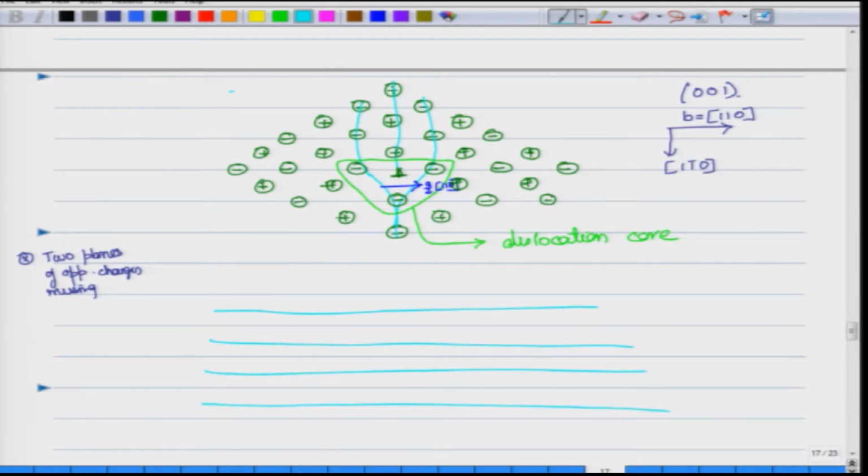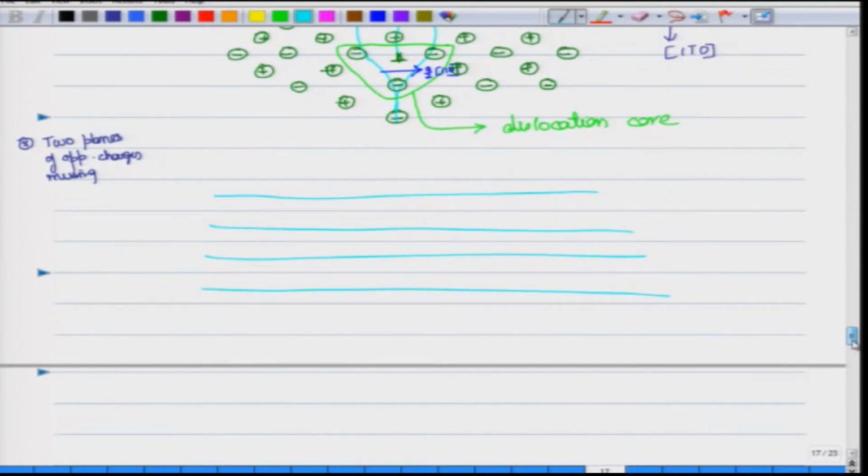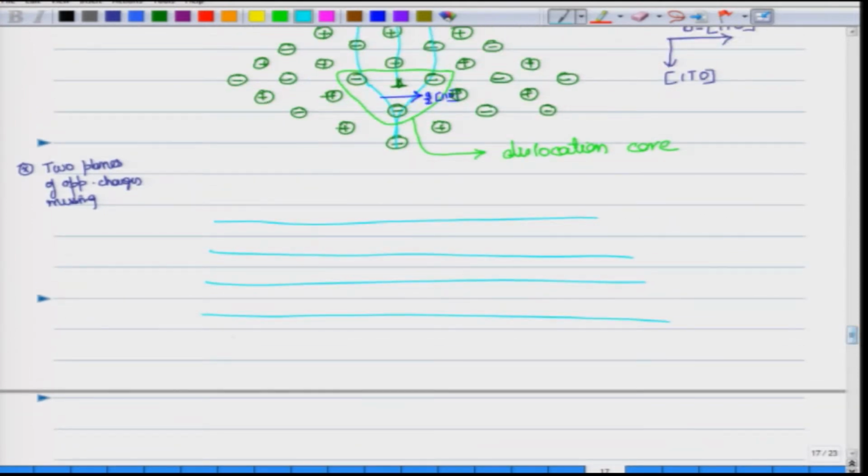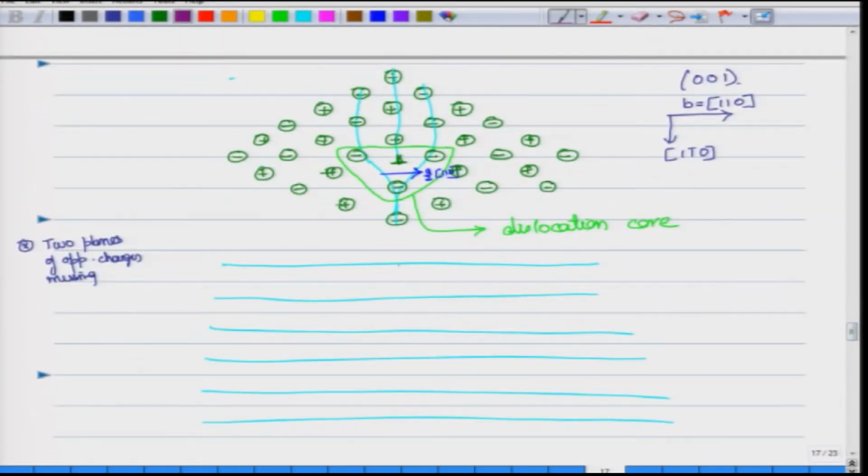These are guidelines that I am drawing. This time I will start with minus, over here I will have plus, and below this plus is minus, below this minus is plus, and so on. So, this is the layer just one atom below this.